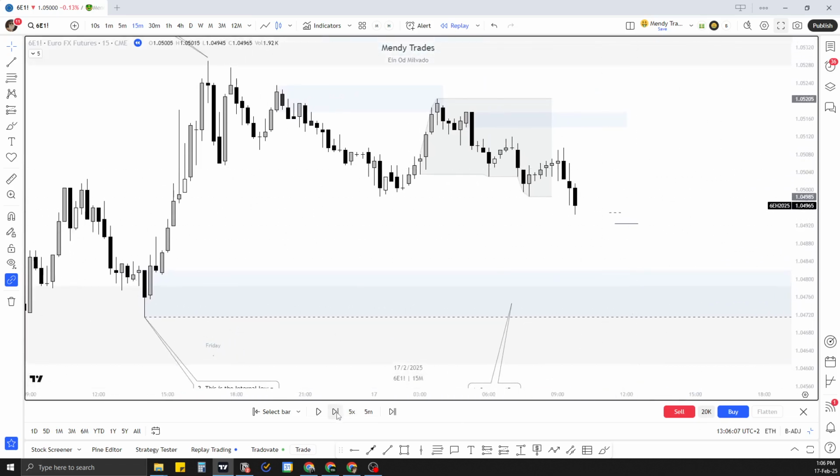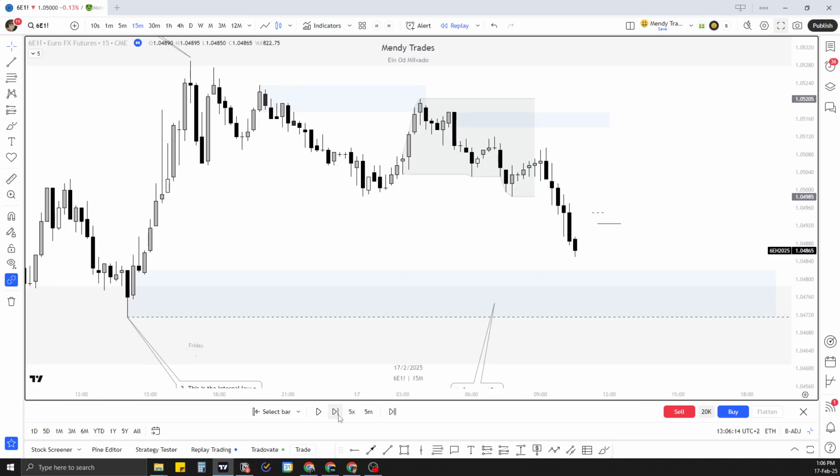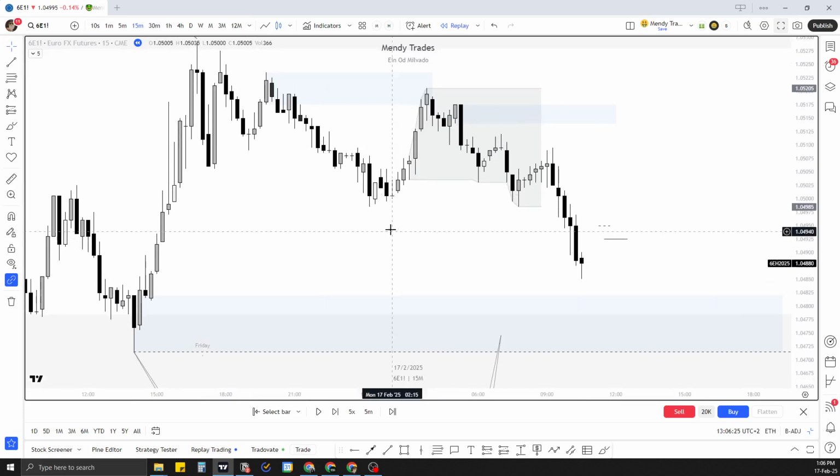But then we had this and this, and we haven't mitigated the extreme POI. So I didn't take any trade yet.